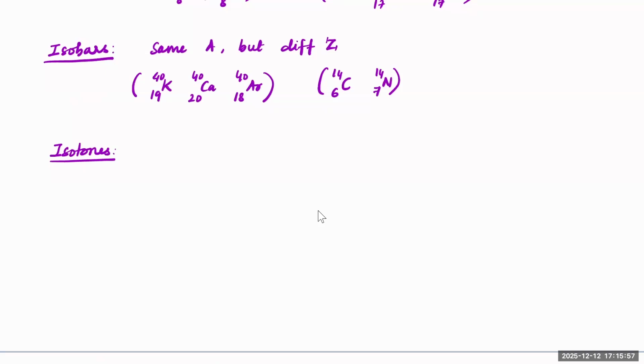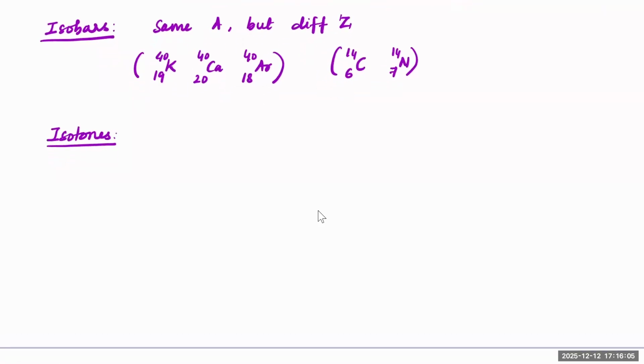So when it comes to isotones here, they should have the same number of neutrons. The same number of neutrons means the same A minus Z value, isn't it? If you have the same A minus Z value, that means they are all isotones here.